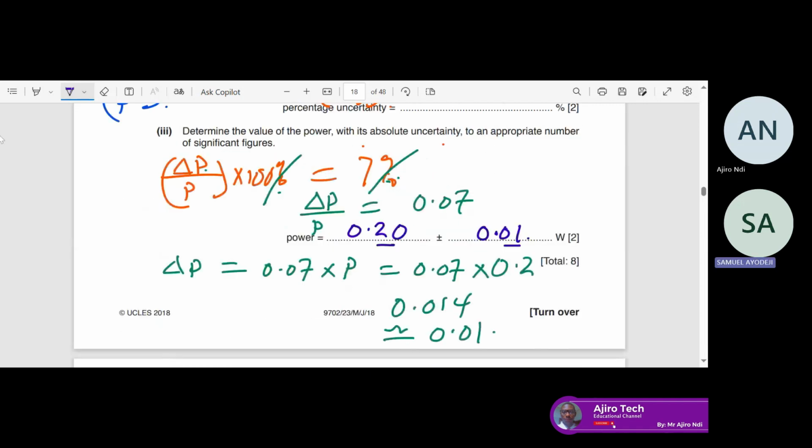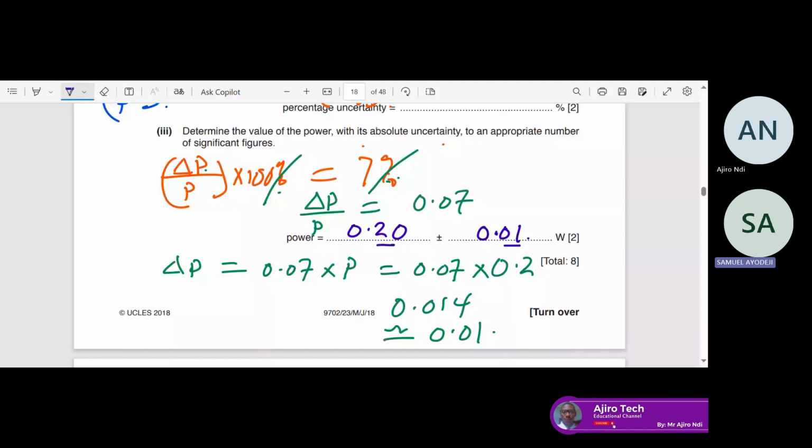Do you have a question on calibration curves? Calibration curves, I don't understand the concept.